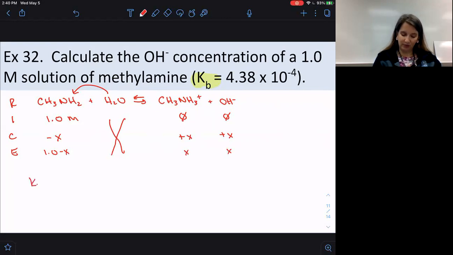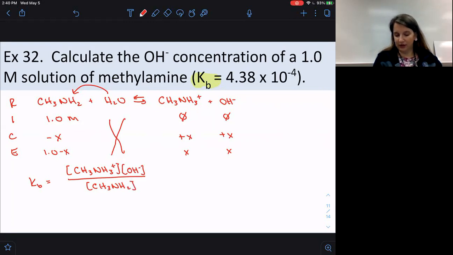So we write our Kb expression without any numbers: concentration of CH3NH3 plus times the concentration of OH minus, divided by the concentration of CH3NH2. So we can go ahead and plug our values in. So we have 4.38 times 10 to the negative 4 equals x times x, so x squared, over 1.0 minus x.